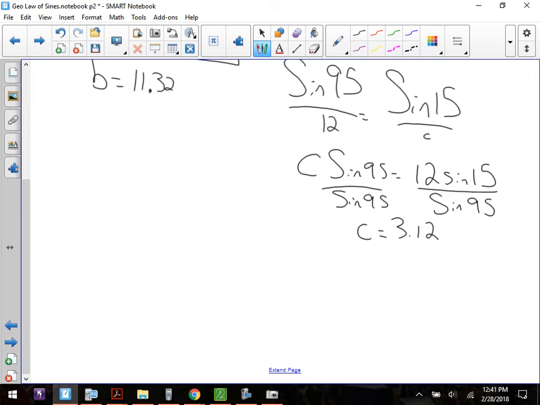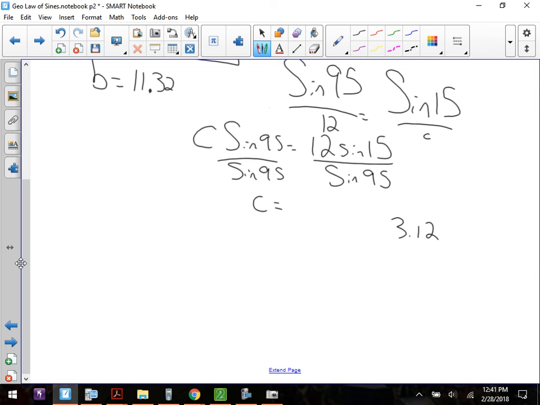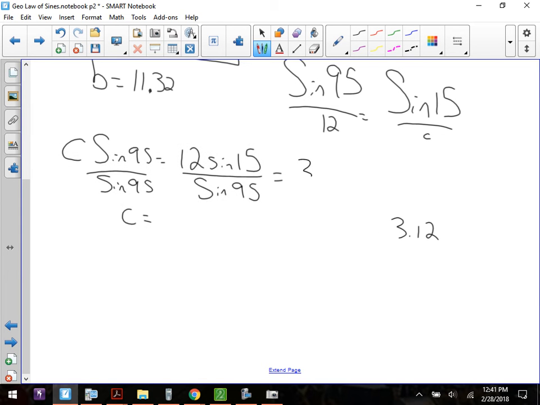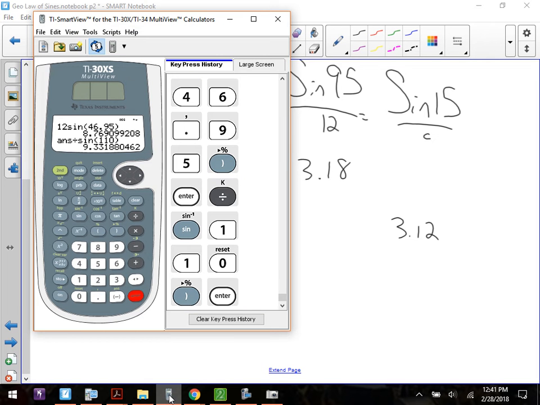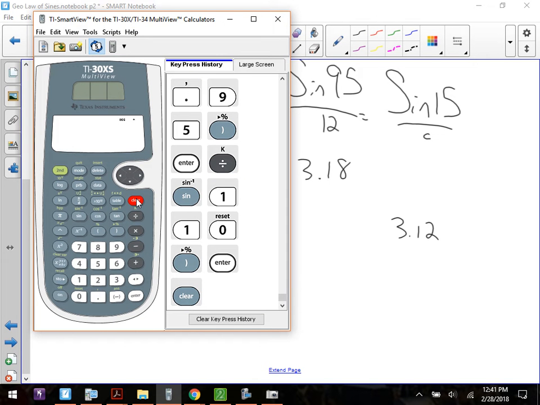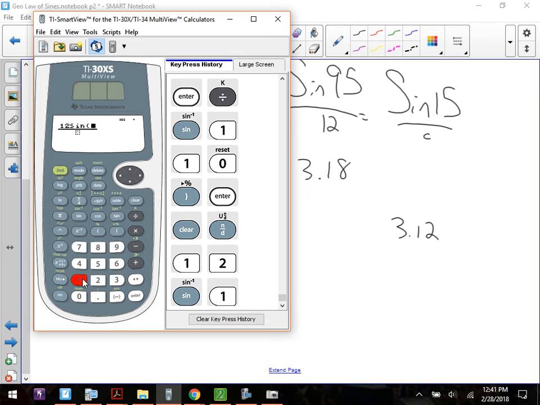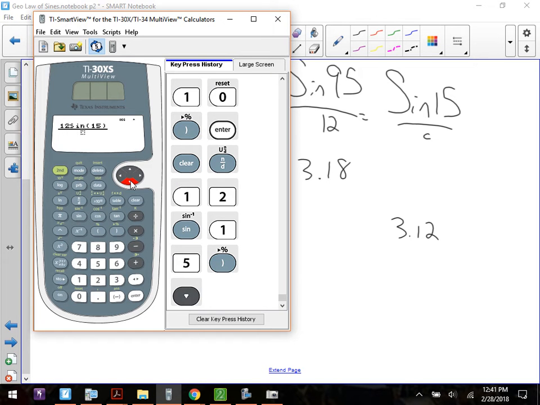All right. What Alex did here, guys, I just want to show you, so you get the idea of why it's so important to write down what you're putting in the calculator before you do it. What he wrote down for his answer for this part was 3.18. Now, if you look at your calculator when you type all that in, we have 12 sine 15 over the sine of 95.